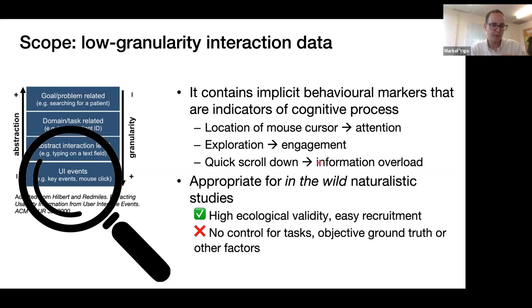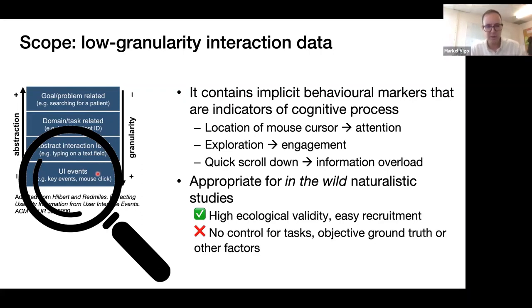And collecting this kind of events is easier compared to those at the top of the stack, right? So those at the top of the stack typically require you to instrument a software system, annotate it everywhere, while those at the bottom are kind of affordable to collect, although they have some challenges and caveats. And my goal in my research is to try to address all these challenges and make it easy.